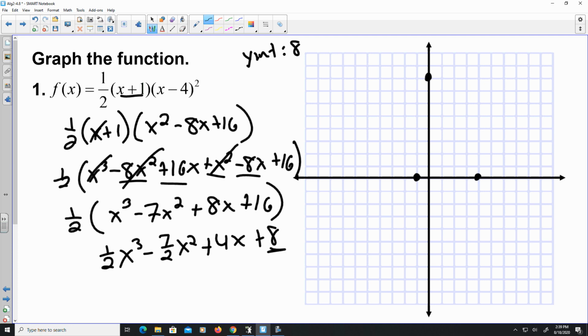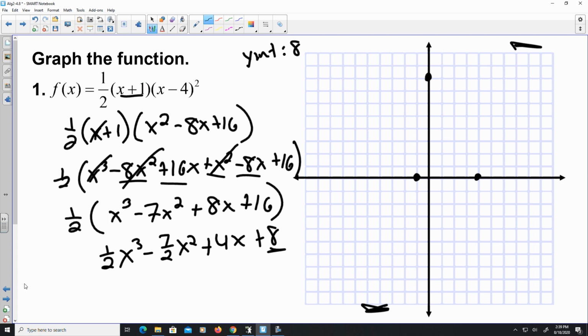And remember, because it's that quantity squared, that's where my turning point is also going to be. This is a similar situation where with the end behavior, my lead degree is odd, my lead coefficient is positive, which means it's going to start here and over there.